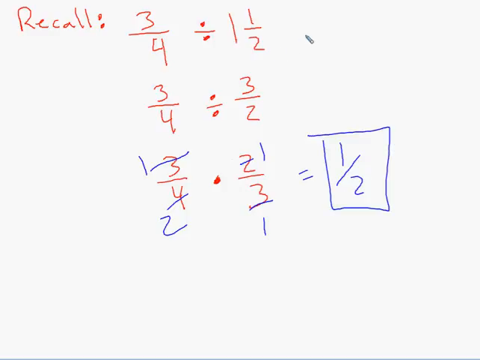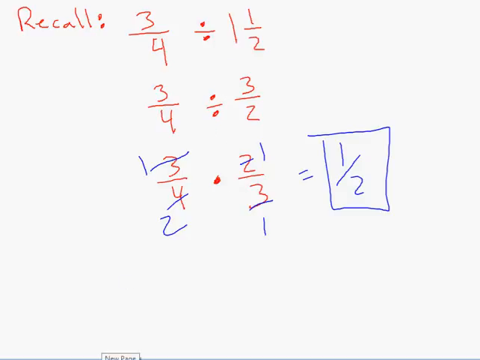So we're going to do the same thing with the algebraic expressions. What they will try to get you to do, I promise you, is cross-cancel at the division step before you flip. You can only cancel through multiplication. Do not cancel if you're still on the division step.